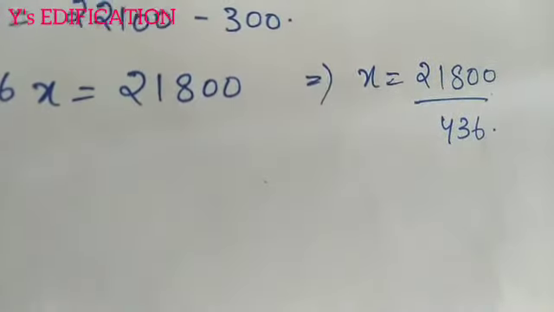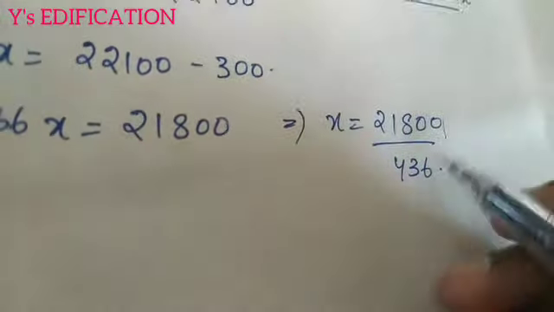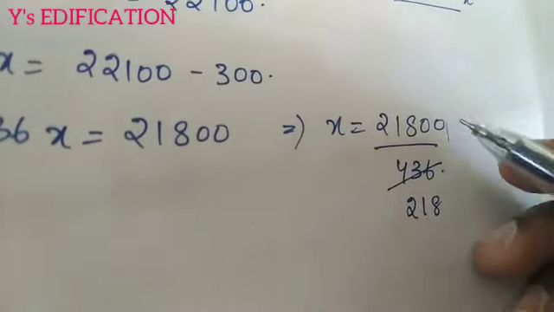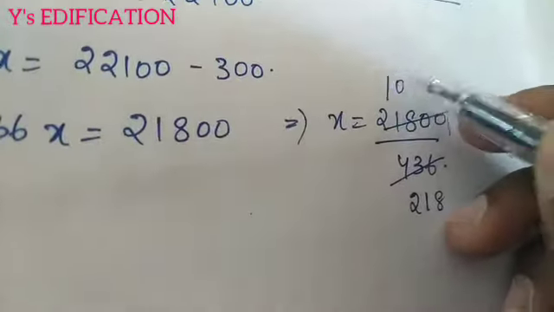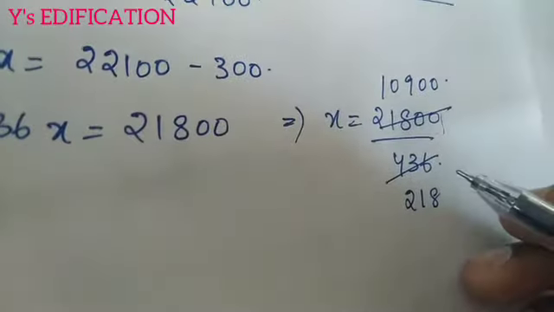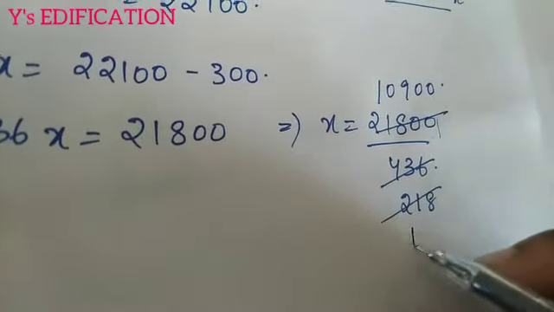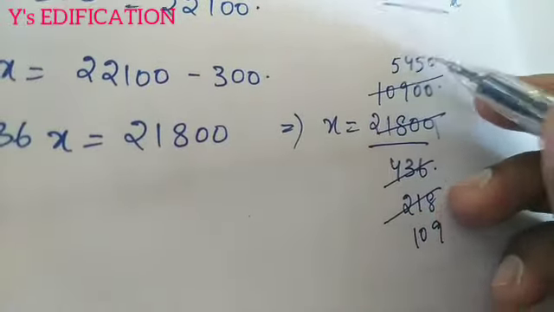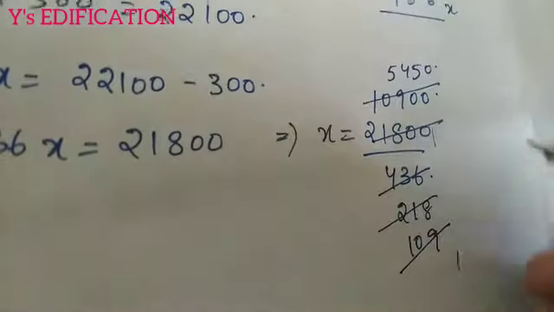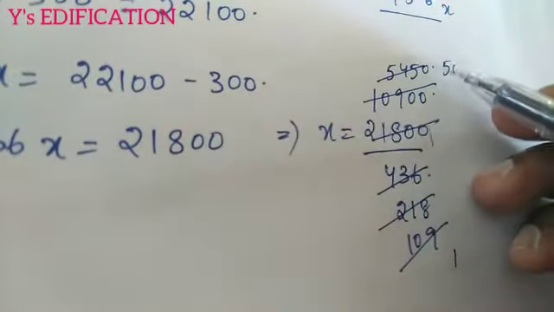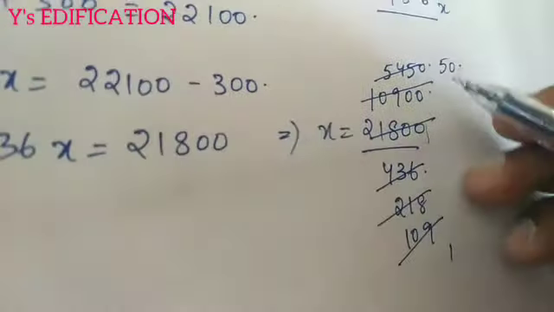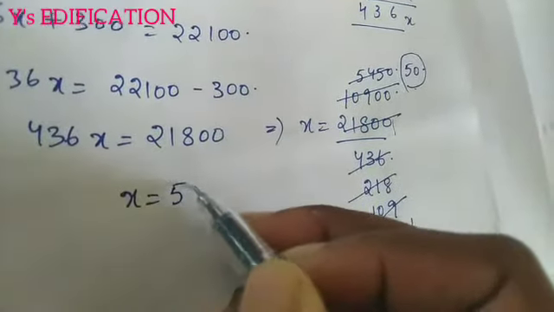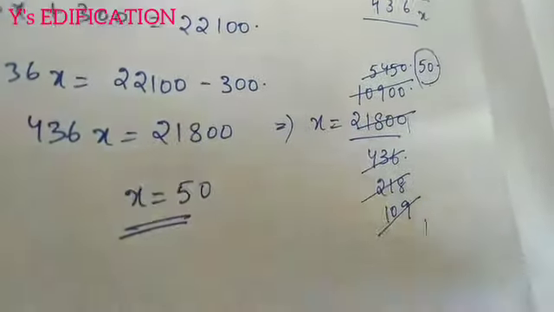So first start with the 2 table. 2 into 218 is 436. 2 into 10900. Next 2 into 109, 2 into 5450. Next 109 into 1, 109 into 50. So what is left here? 50. So what is the value of x? x is equal to 50 is the answer.